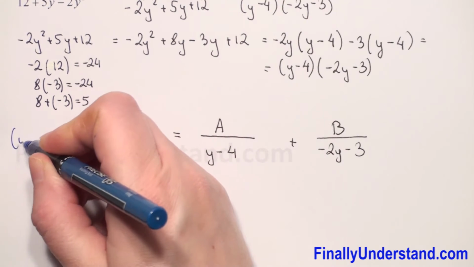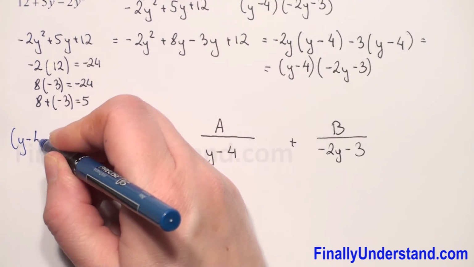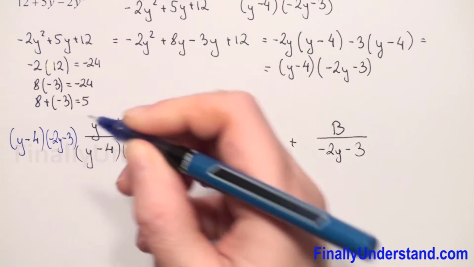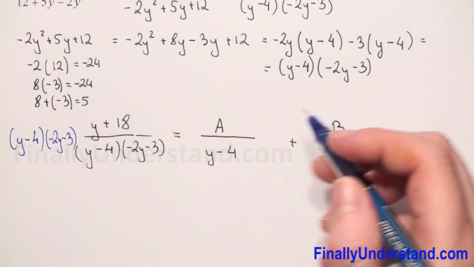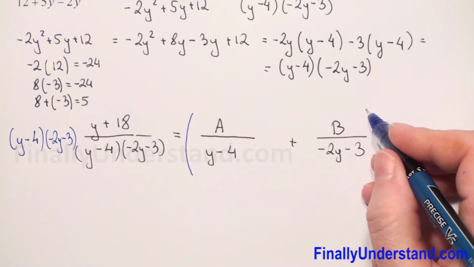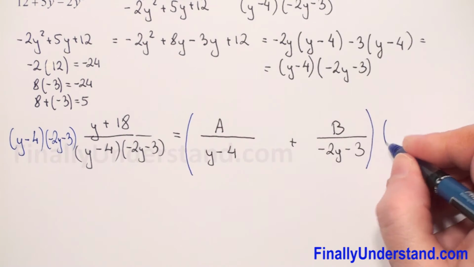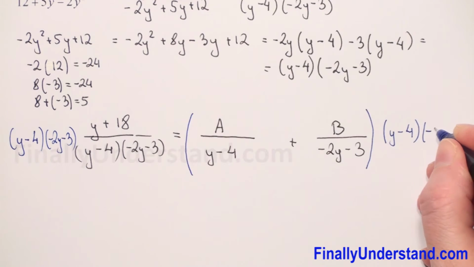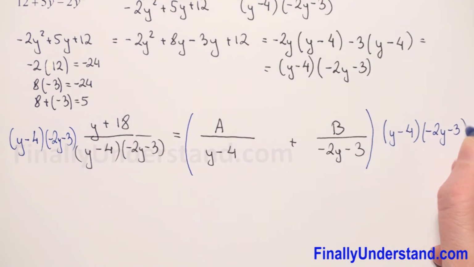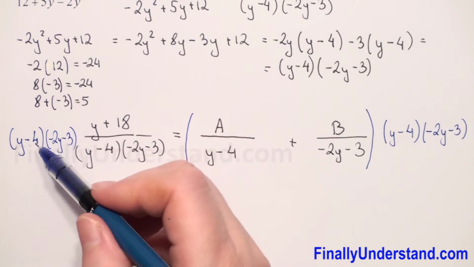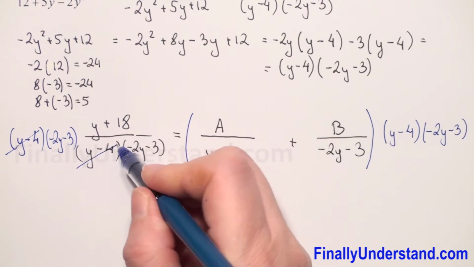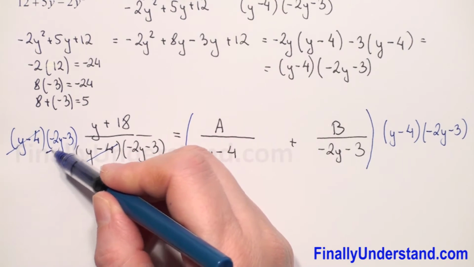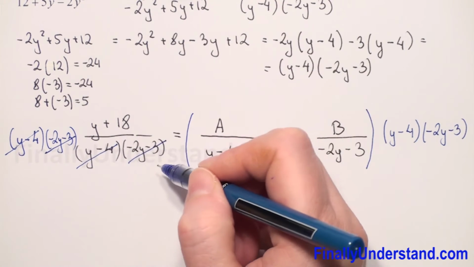So we will have y minus 4 times negative 2y minus 3 to multiply both sides. So this whole expression we have to multiply times y minus 4 and in the second parenthesis negative 2y minus 3. And now we see that we can reduce y minus 4 with y minus 4 because we have multiplication, and negative 2y minus 3 with negative 2y minus 3.